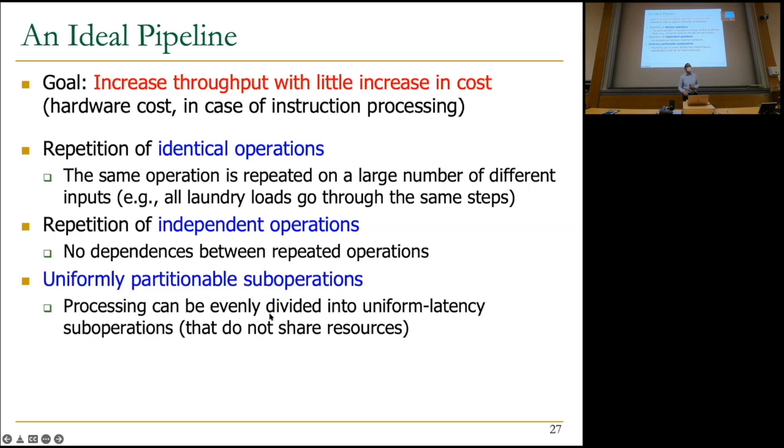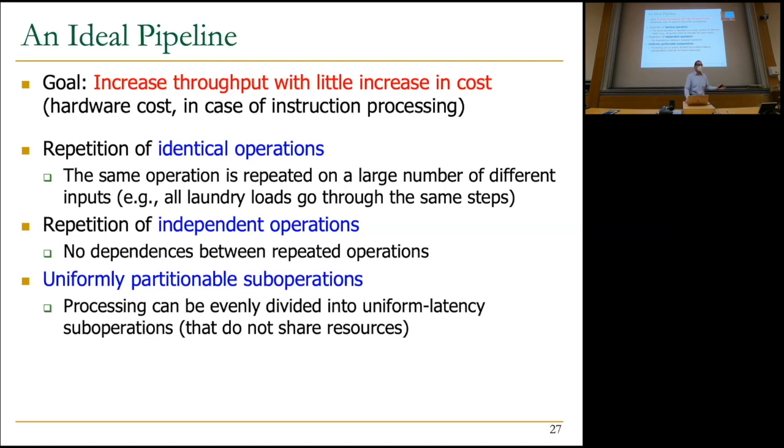As we will see, not sharing resources is going to be a bit hard. We'll need to replicate some of the resources, and there will be some sharing of resources, as we will see soon. And division into exactly the same amount of time in each pipeline stage will be a lot harder also, as you will also see. And these are things that are not easily solvable.